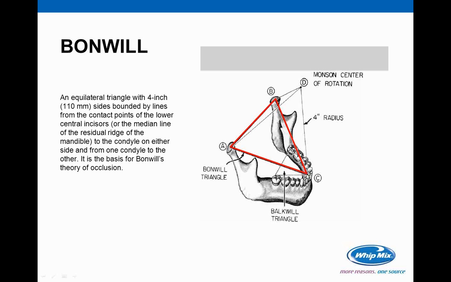You can see that right here, okay? Contact points to the, also, if you don't have contact points, you're going to be at the median line of the residual ridge there. So there's a little variation in there. But from that to the condyle, and then from condyle to condyle.